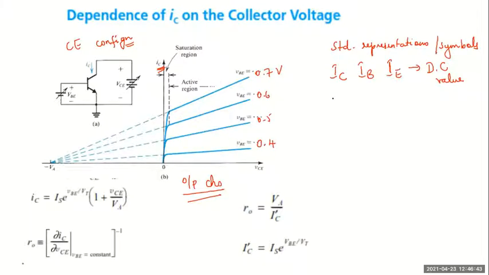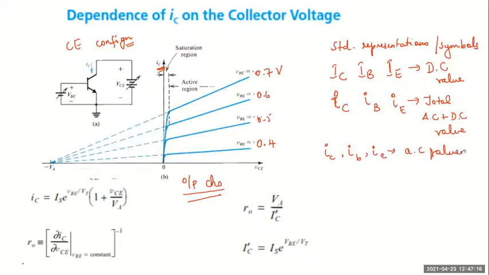And if this is, let's say, small, whereas this is in capital, iB, iE, this represents total AC plus DC value. And if both are small, ic, ib, ie, this represents pure AC values. So please remember this representation.